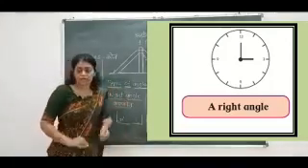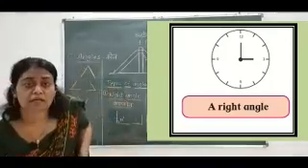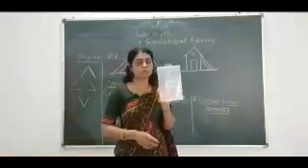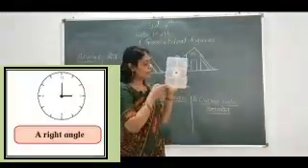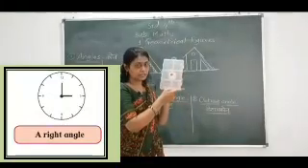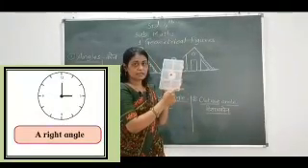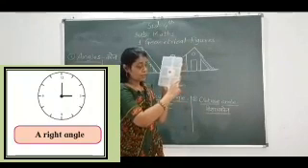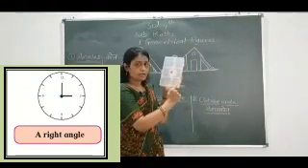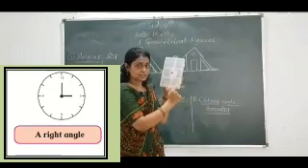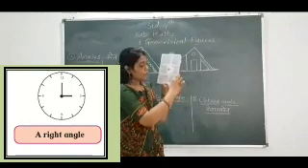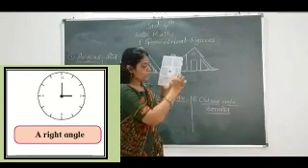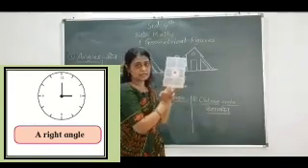Example of right angle, this is a box. This side and this side are meeting here. So here is an angle, and these two lines make an angle of 90 degrees here. So it is a right angle.